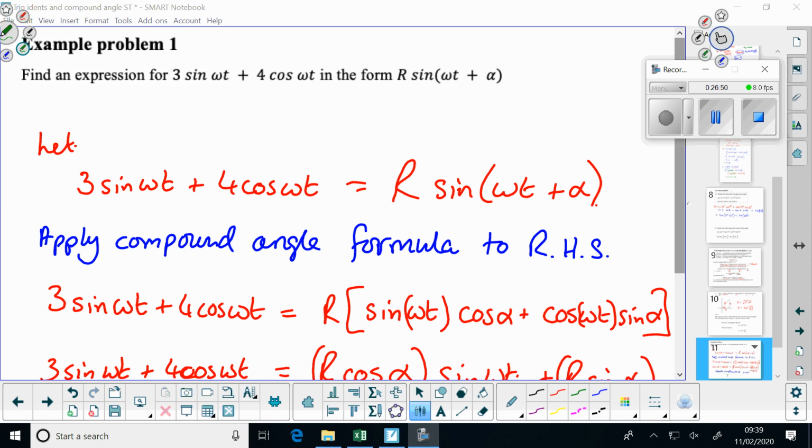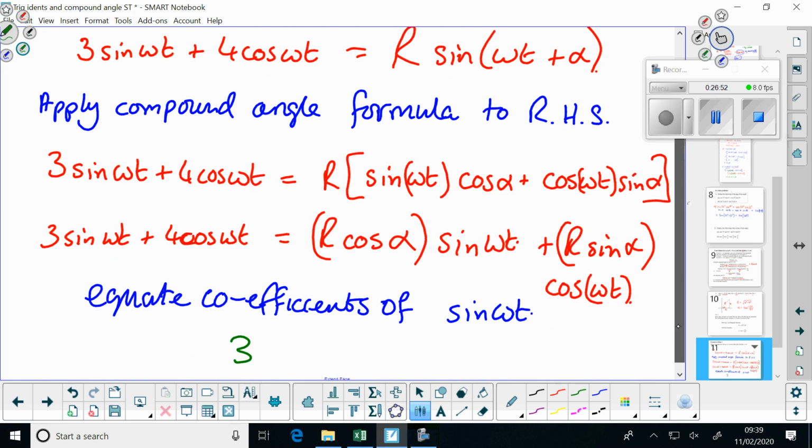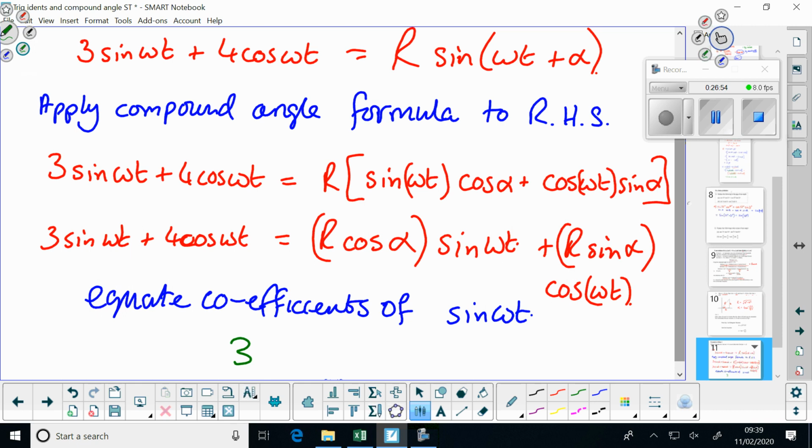We've done some rearrangement, so we've got R cos alpha times sine omega t, and R sine alpha times cos omega t.